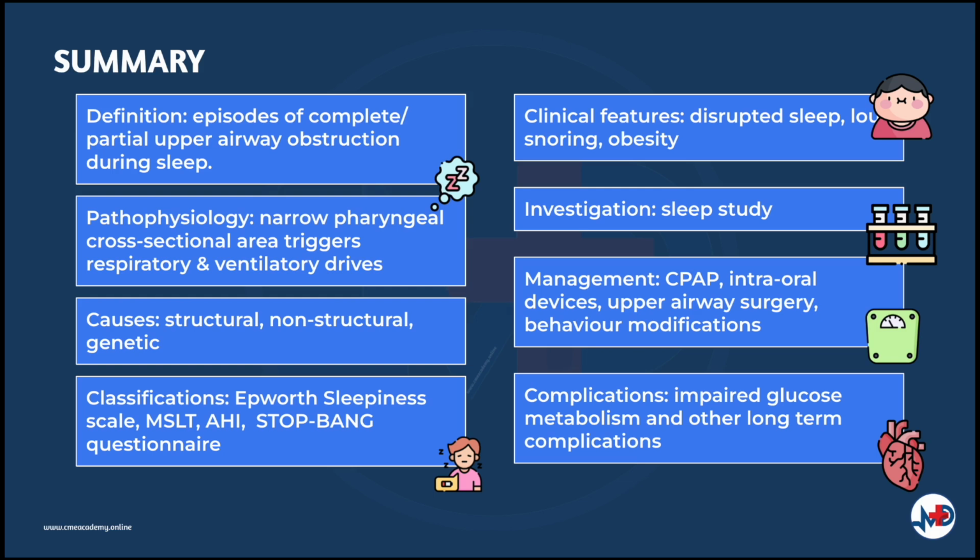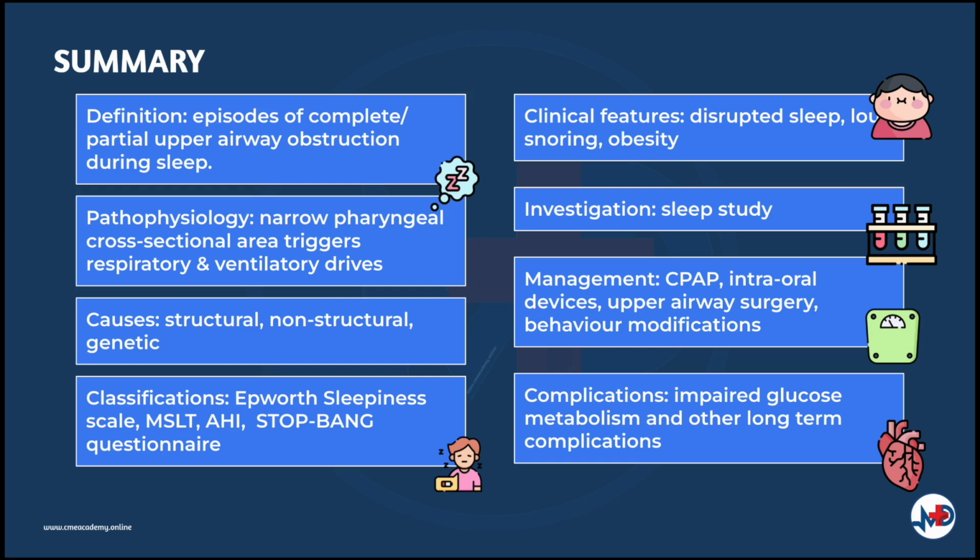Obesity, a high arch palate, grade 3 or 4 of the modified Mallampati classification, large neck or waist circumference, systemic hypertension, heart failure, pulmonary hypertension, hypothyroidism, acromegaly, and low testosterone as well as stroke signs are all diagnostic clues and associated with obstructive sleep apnea.